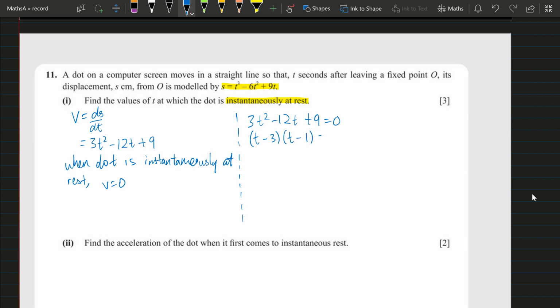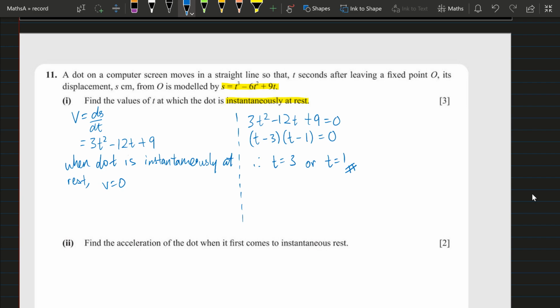If you'd like a bit more time to work on this, just go ahead. I divided by 3 for everybody, so it's t squared minus 4t plus 3, and then simple factorization would give me t minus 3 multiplied by t minus 1. So I'm going to say, therefore, t equals 3 or t equals 1. Done. That will give me 3 marks.